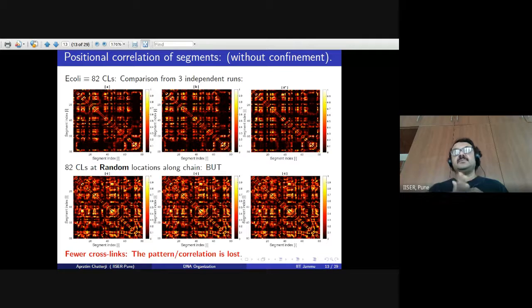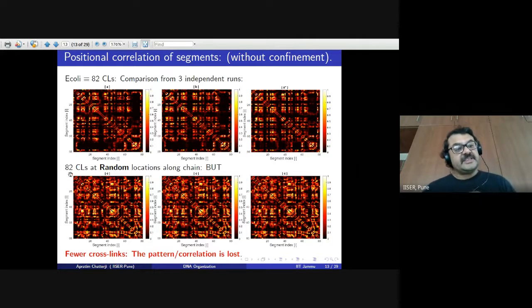Here the polymer chains are much more floppy, but within that, statistically, there are strong positional correlations between certain segments of the chain, and different runs get organized in the same manner, starting out from very different initial conditions. And all that I've put in are these very specific positions of the crosslinks.